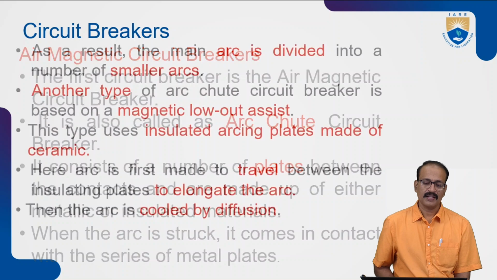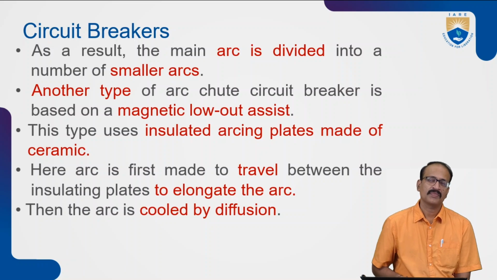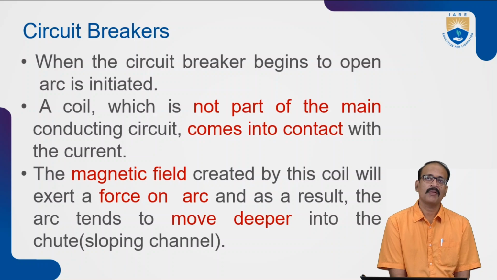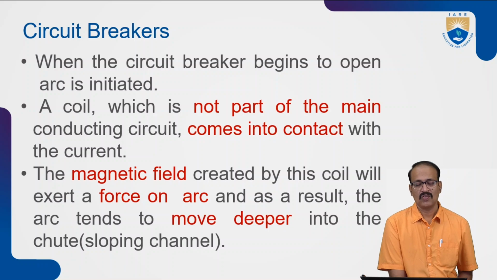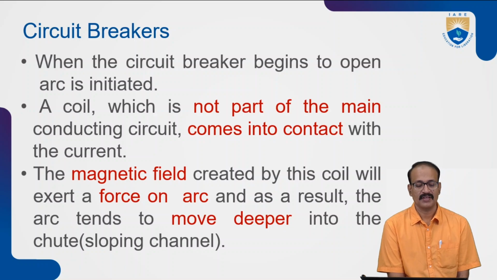Again, here in the magnetic arc chute, we are forcing the arc with the help of a coil which is not directly part of the circuit. This produces a magnetic field and forces the arc to go deeper into the chute.